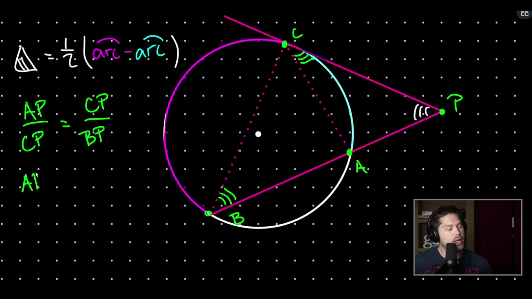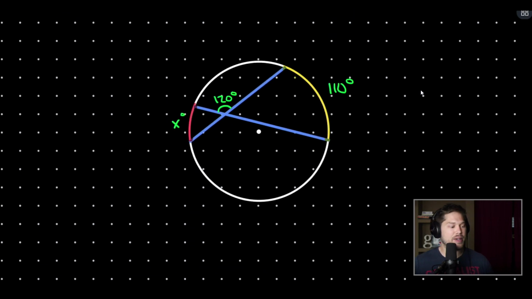Therefore, AP times BP equals CP squared, equals CP times CP. So this is why the tangent-secant intersection is a little bit different than the secant-secant. It's because there's only one point of intersection, and the side length CP is shared in both of the similar triangles in question. So here is the tangent-secant relationship for the power of the point theorems.